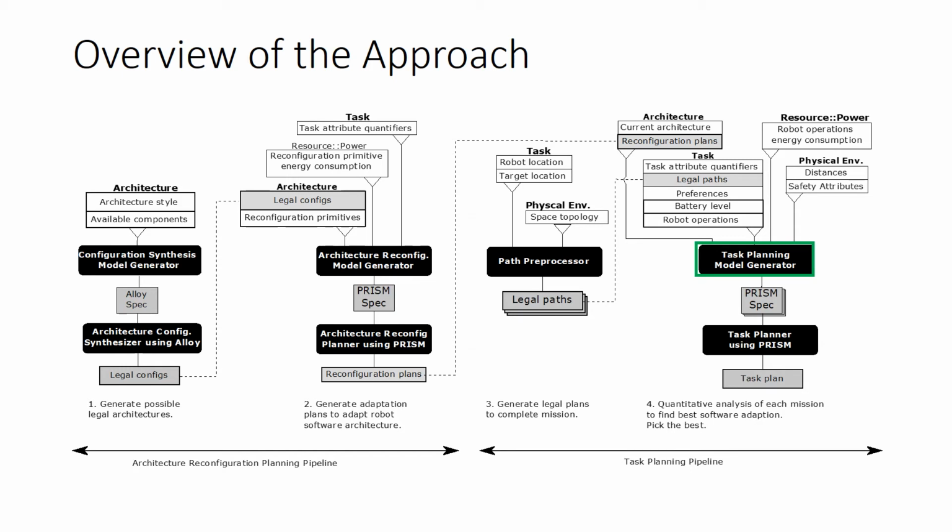To produce this set of specifications, the task planning model generator component receives the set of legal paths generated in the previous stage, as well as the set of legal reconfigurations obtained from the architecture reconfiguration planning pipeline. Legal paths are ranked by a heuristic, which in this case is distance minimization, and a configurable amount of top-ranking candidates are extracted to be encoded into one of the PRISM specifications for a candidate solution.